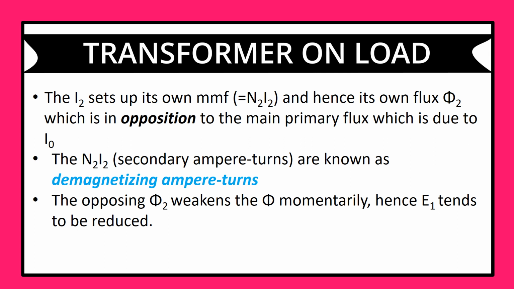The secondary ampere turns and I2 are known as the magnetizing ampere turns. The opposing secondary flux phi sub 2 weakens the primary flux momentarily, and hence the primary back EMF E sub 1 tends to be reduced.